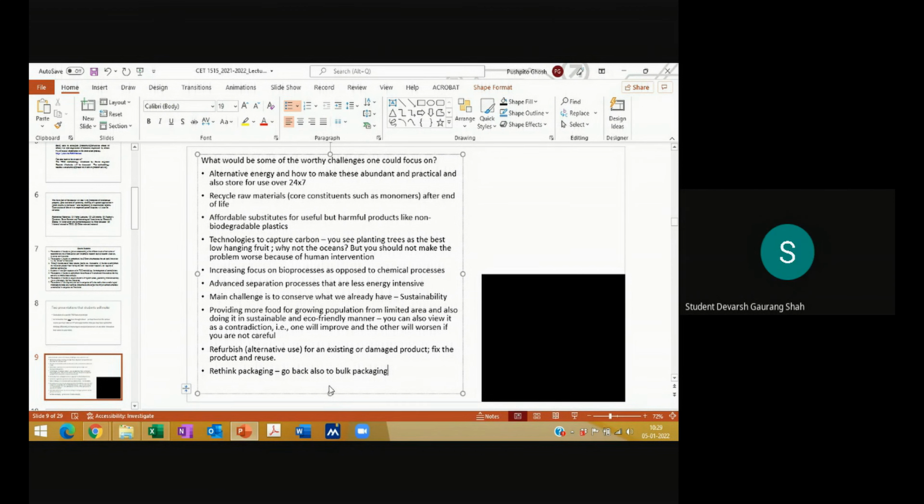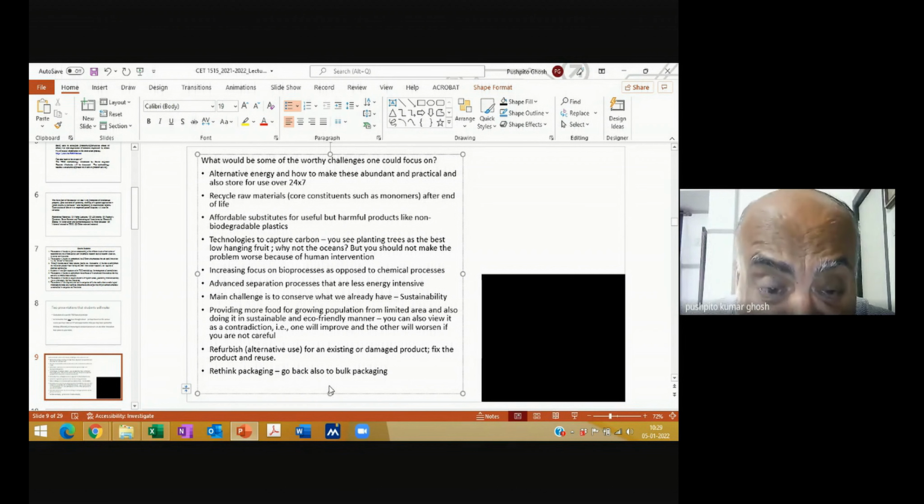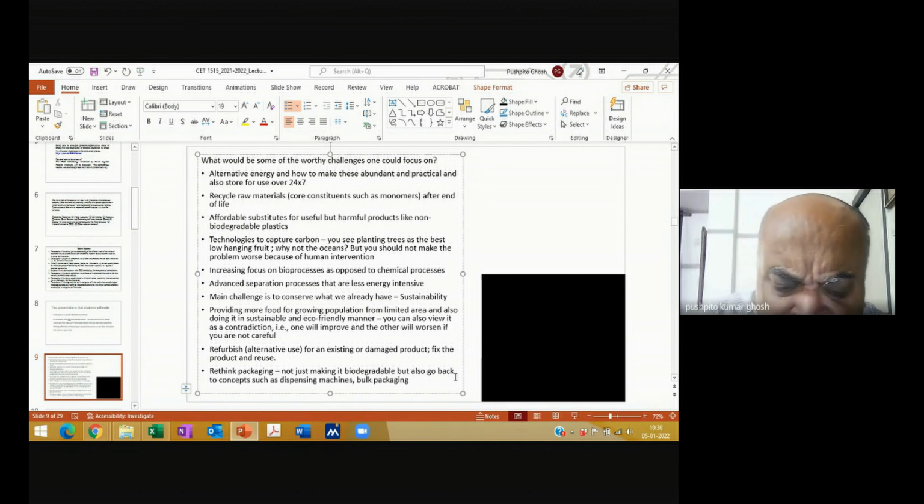Yes. That would be nice. Rethinking packaging means not just making it biodegradable, but also going back to concepts such as dispensing machines, bulk packaging, etc. Now just look at the proliferation of these mineral water bottles.